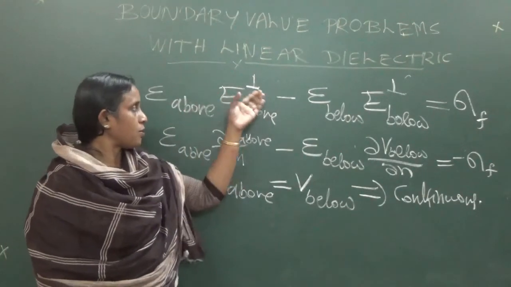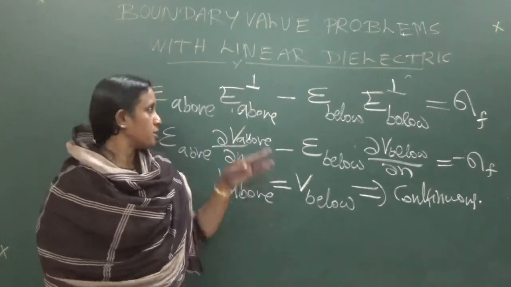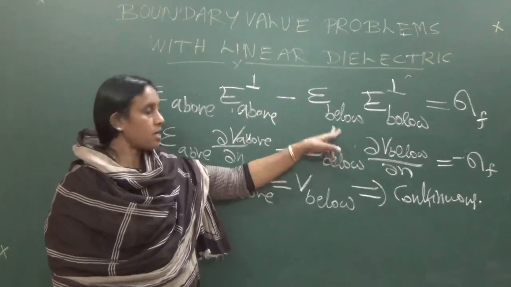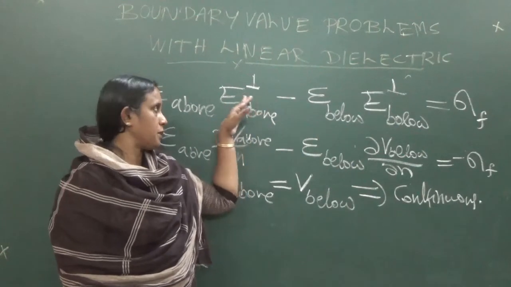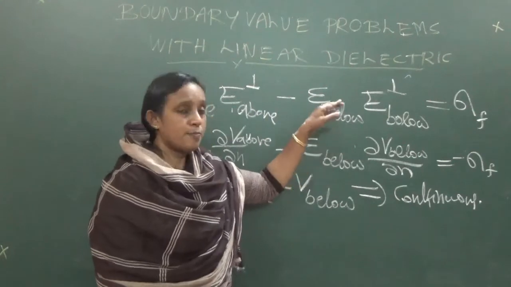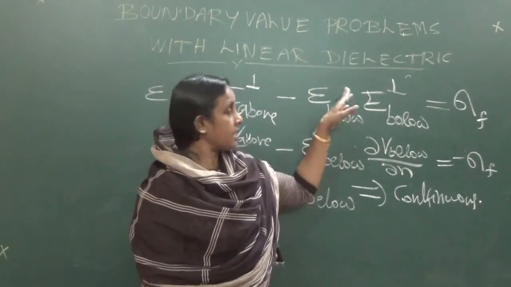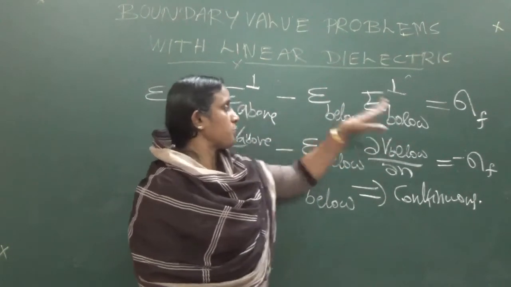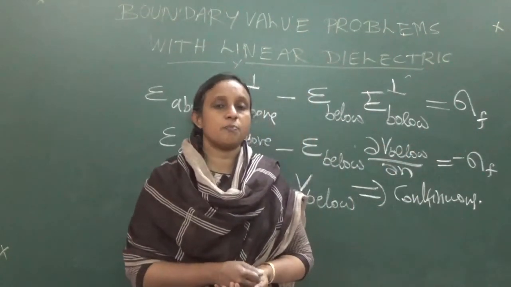Here we discussed the boundary between two dielectrics, or between two mediums with dielectric constants epsilon above and epsilon below. Epsilon above times E above perpendicular is the normal component of the electric field in that medium, and epsilon below is the dielectric constant of the other medium. The normal component of the electric field is discontinuous by an amount, the free surface charge density sigma f.